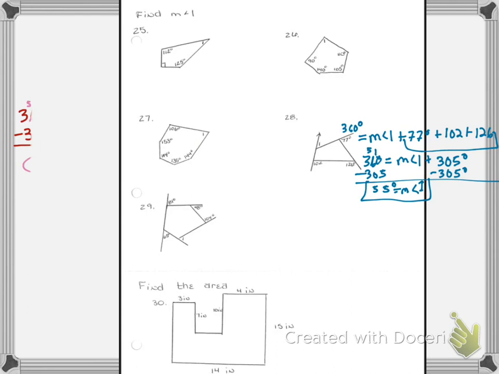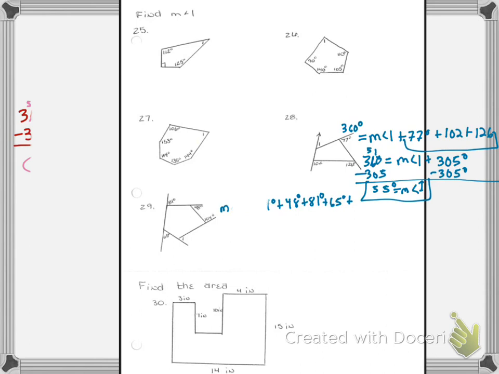We're going to get started here as well. We want to do the measure of angle 1 equals 104 degrees plus 48 plus 81 plus 65 plus the measure of angle 1.